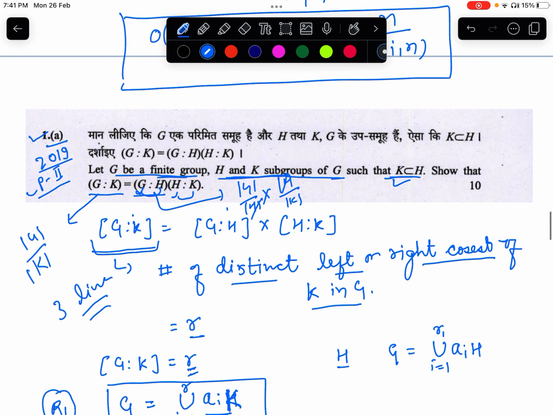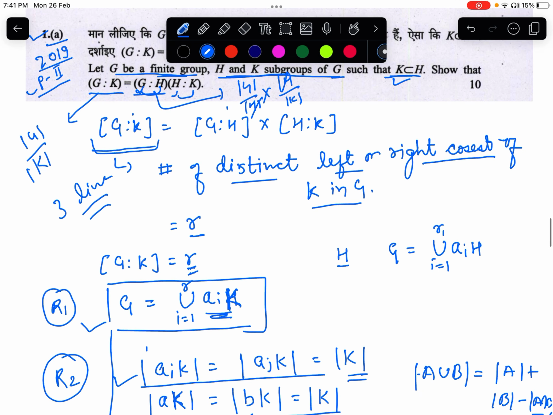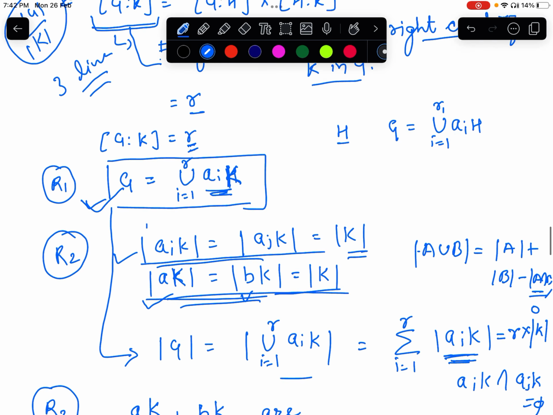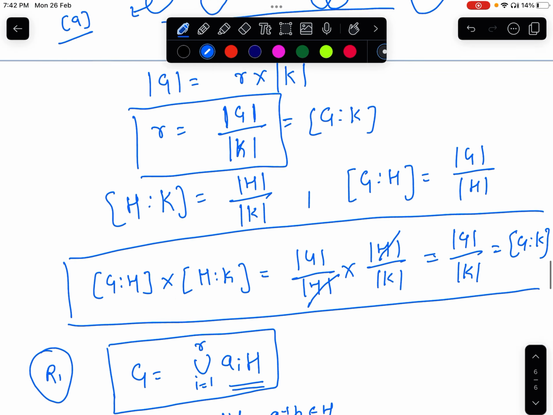But this will not fetch you 10 marks because so many results have been used. We need to prove that this is equal to this. That is the main thing in this question. To prove this, we used this partition and these results. That is why it is a long question.